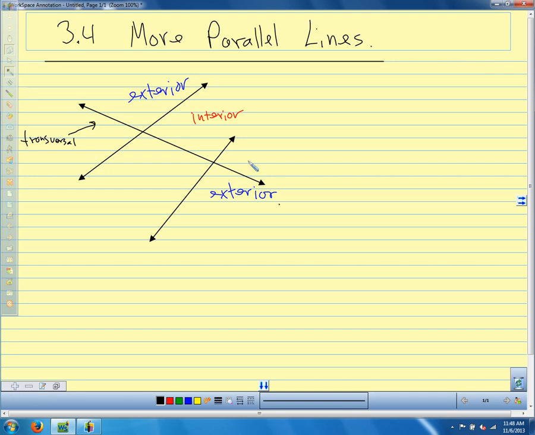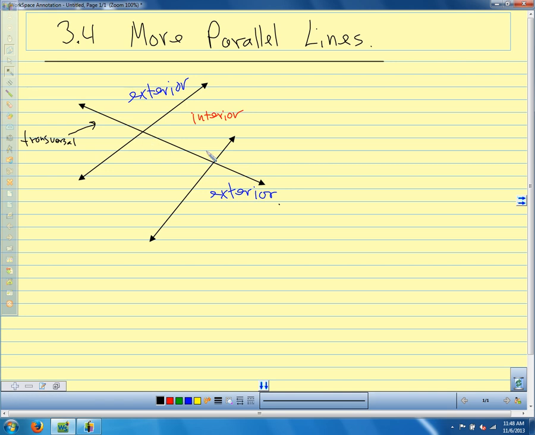Then we talked about what happens when the lines are parallel. Special relationships between the angles happen when the lines are parallel. So just a couple of examples. We knew that alternate interior angles were congruent. The one we used on the opener was same side interior angles are supplementary.